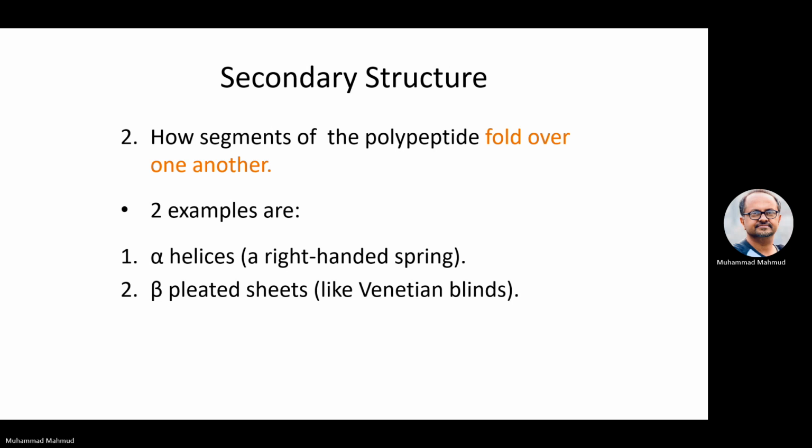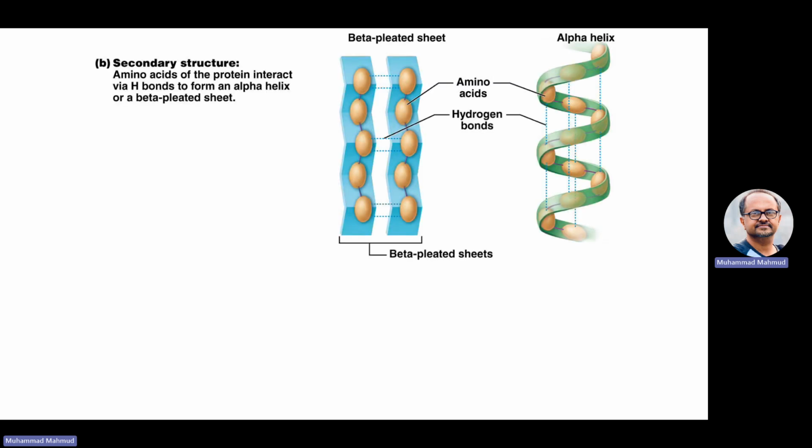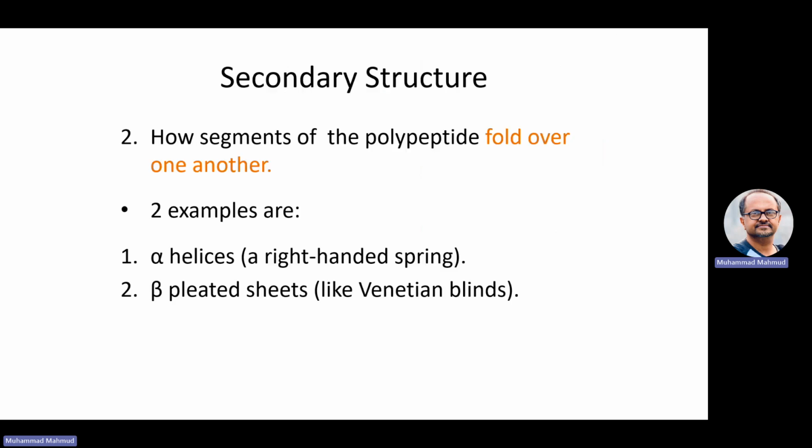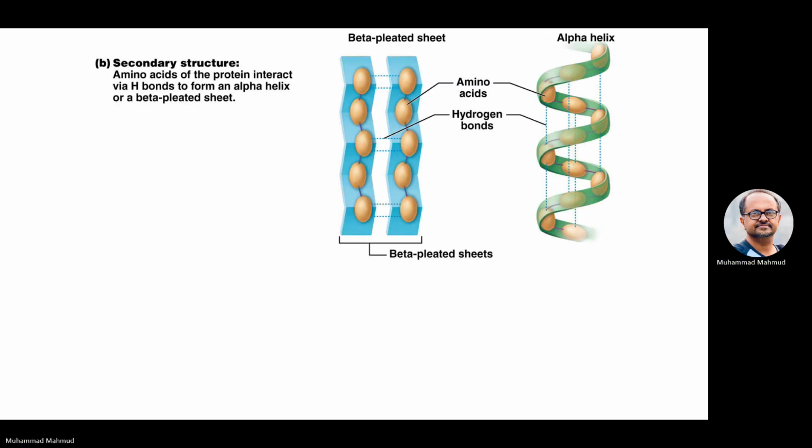But now they are either making right-handed spring alpha helices or making a beta pleated sheet like Venetian blinds, which looks like the left one. This is the beta pleated sheet, a Venetian folded structure, or as I said, the alpha helix, which is like a right-handed spring. So these are the secondary structures.